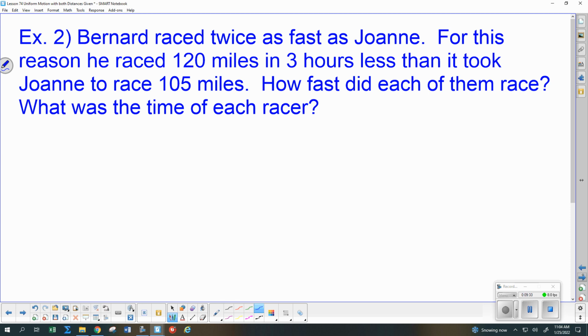All right, next example. Bernard raced twice as fast as Joanne. If we're talking about how fast somebody's going, what is that, rate or distance? So rate. So Bryce, would you please give me an equation? I'm going to use B and J for my subscripts that says Bernard's rate was twice as fast as Joanne's.